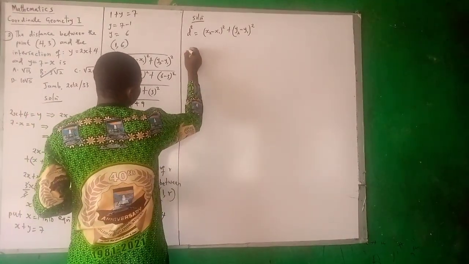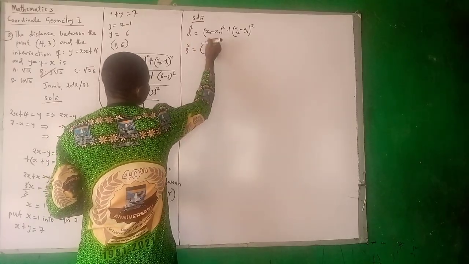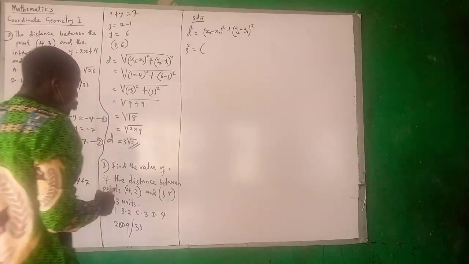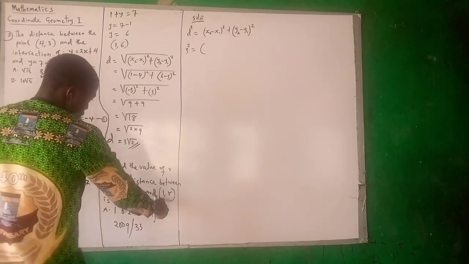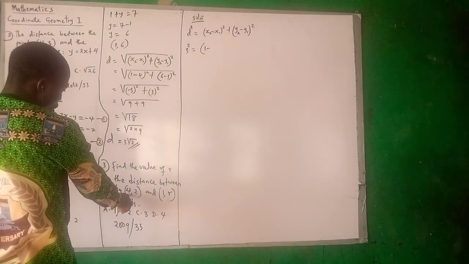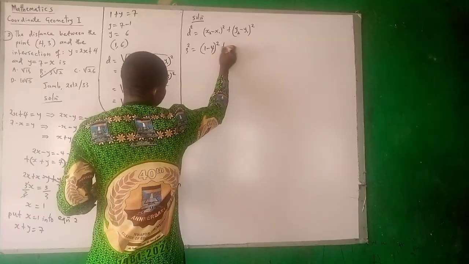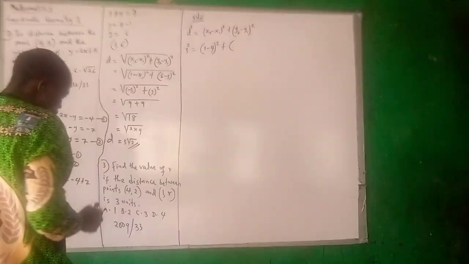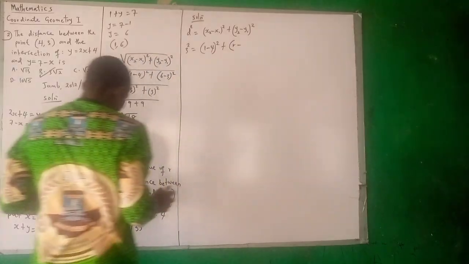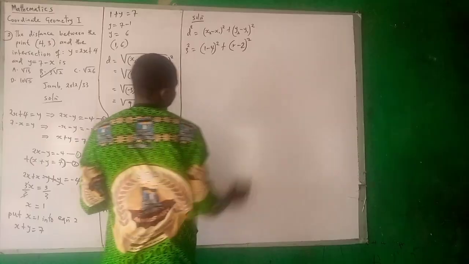So my distance is 3 squared, equal to, then my x2, which is 1, minus my x1, which is 4, squared, plus my y2, which is r, minus my y1, which is 2, squared.